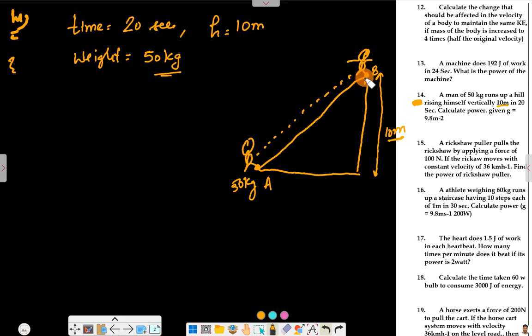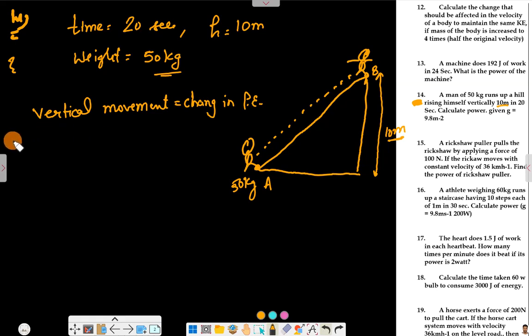Now he moved vertically. I have explained previously that you can use this as a shortcut: although it may not be applicable everywhere, in most cases at the level you are studying right now, if there is a vertical movement, it will be equal to change in potential energy.